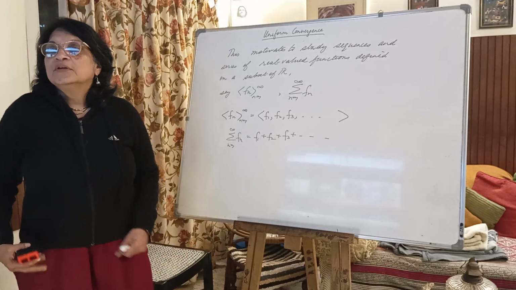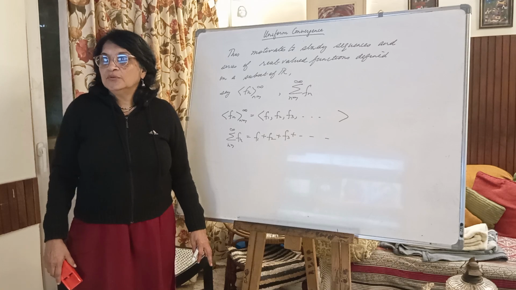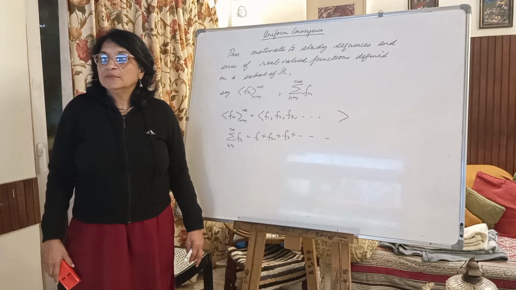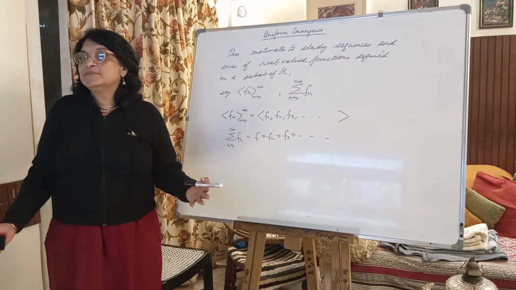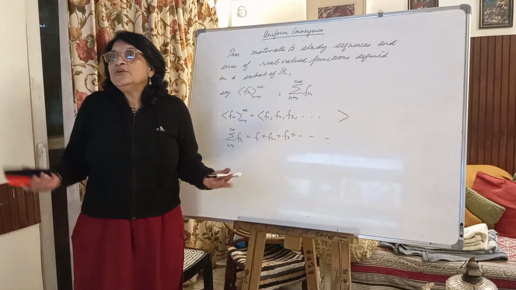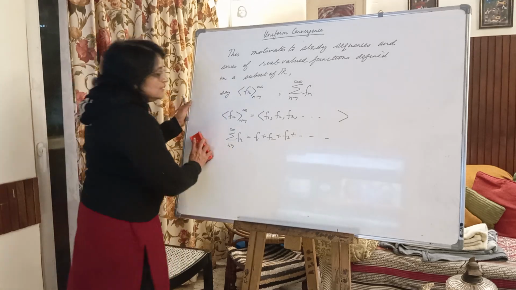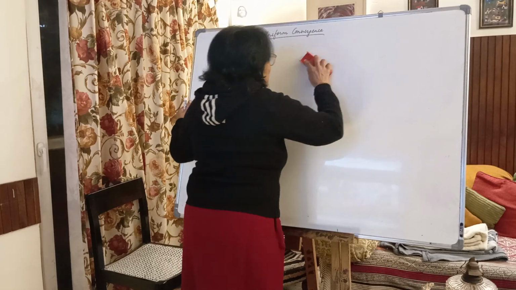Don't get into the specifics. Function from N into A. No, the domain is N. But each function is a real valued function on some subset of R. Don't be in a hurry. We've not even started. I'm just giving you an idea of why we're interested in this. The whole course is called Sequences and Series of Functions.